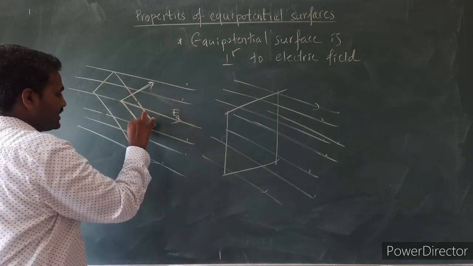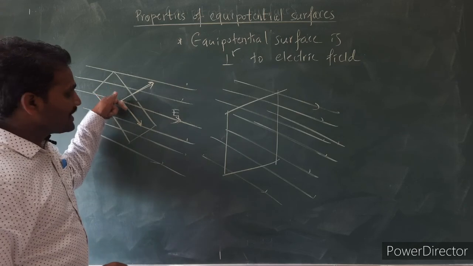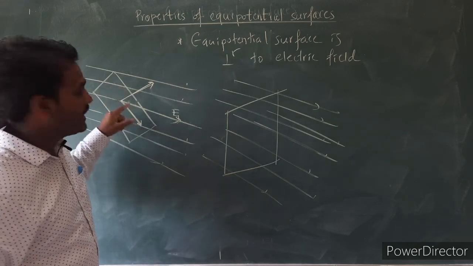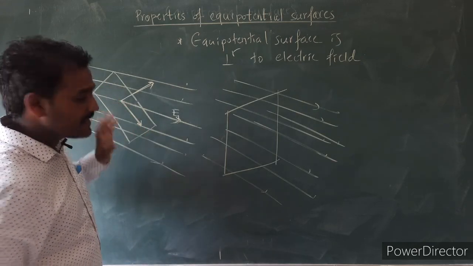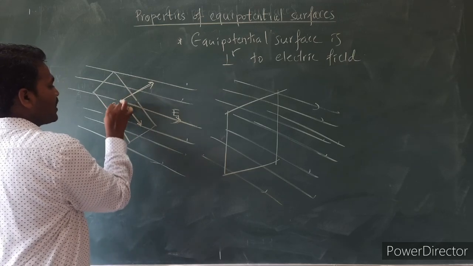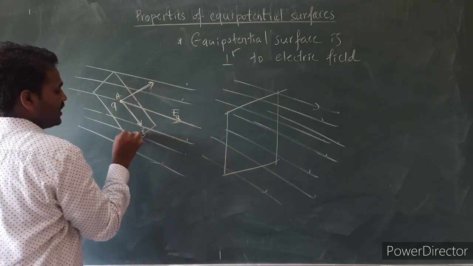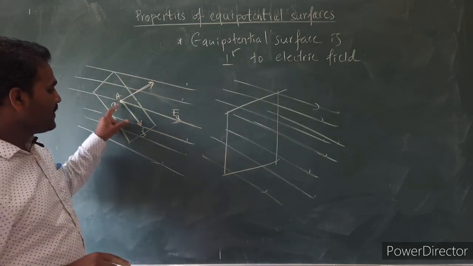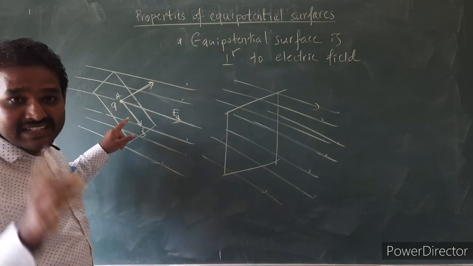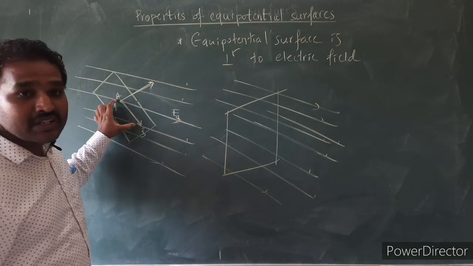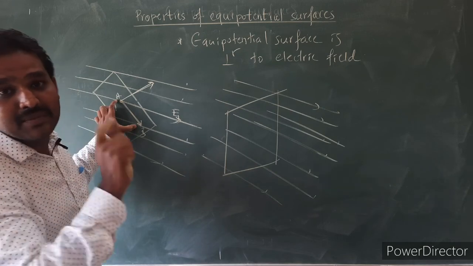So, here in this case the electric field is not constant, the electric field is changing with the distance. If I want to move some charge from position A to B, because of the difference in this electric field intensity, the work done is not the same.